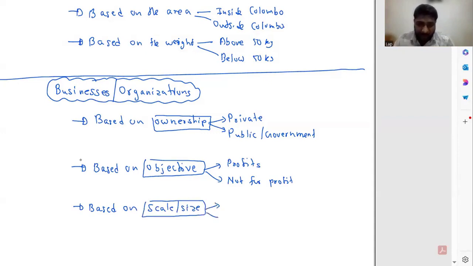Based on the scale also you can speak, based on the size of the business also you can speak. One is maybe small and medium-sized businesses. Another one is large-scale businesses.